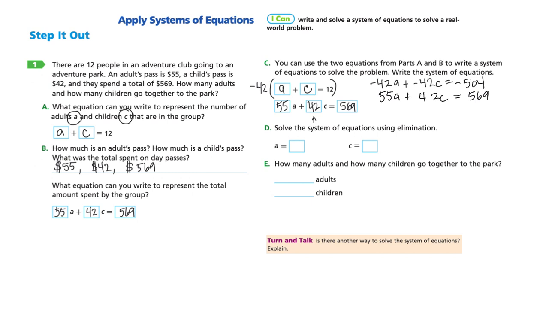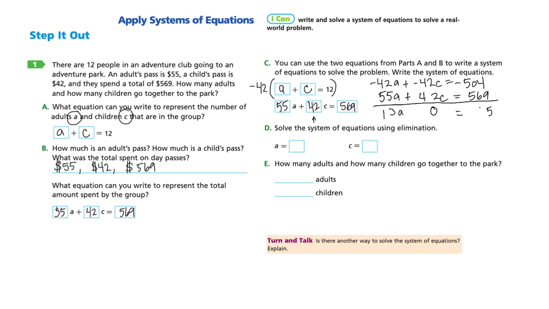And you can kind of see that the numbers will get a little easier once we combine these two equations. So the difference between 42 and 55. This is negative 42 and positive 55. So that's going to be 13, and it's positive because the larger coefficient is positive. And so this is 0. So I have equals, oh, this is supposed to be negative up here, sorry, negative 504.